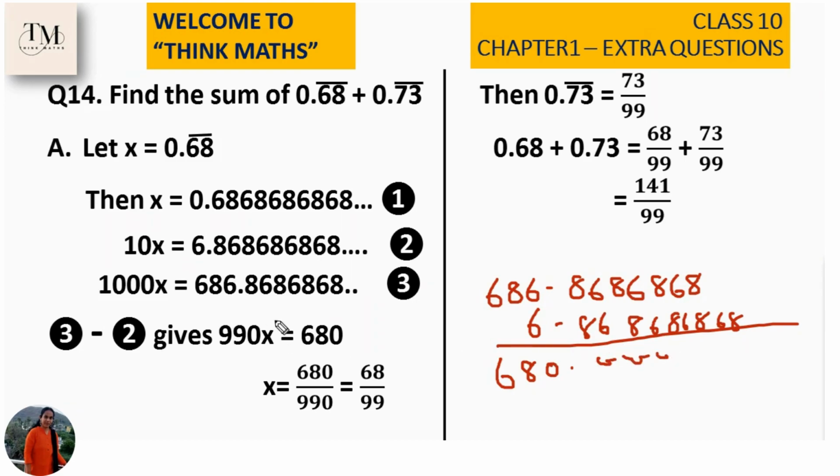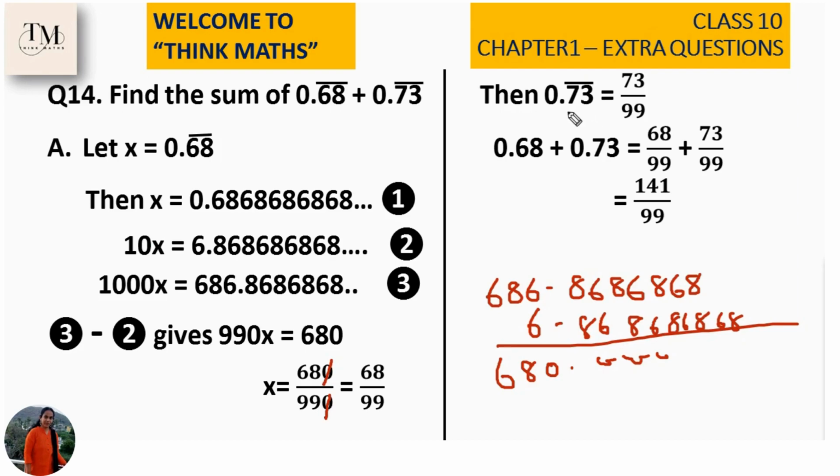So you can write it as 680. Okay. So 990 x equal to 680. Then x will be 680 divided by 990. So the zeros will be cancelled. So the answer will be 68 divided by 99.